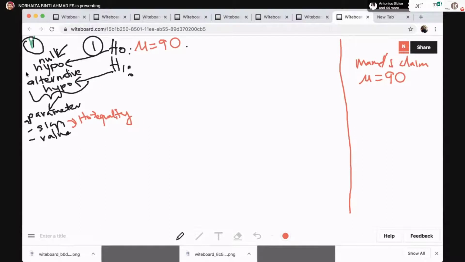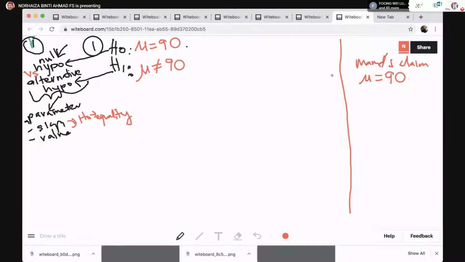Basically, the other one should be the opposite. If my H naught is mu equals to 90, how do I write the hypothesis for H1? Okay, but not just not equal. We need to write the parameter. Again, you are going to have the parameter, the sign, which is not equals to, and the value.